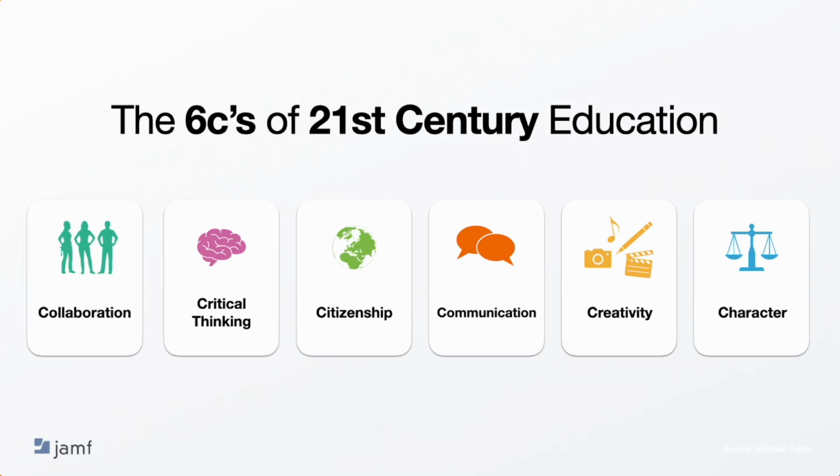They were communication, collaboration, critical thinking, and creativity. But then came along a guy named Michael Fullan who introduced two new C's: character and citizenship, as part of his new pedagogies for deep learning. The six C's not only aim for future career success, but also for success in every aspect of life.